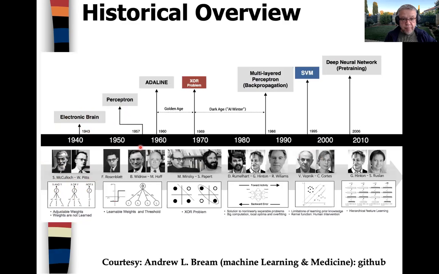Then came the perceptron, and then Widrow and Hoff, with learnable weights and threshold. So the bias, as we're going to see, and the weights are learned. Then came the Adaline, the adaptive linear unit. And then the XOR problem killed the whole thing for a while. That's the dark age, the AI winter, as they call it.